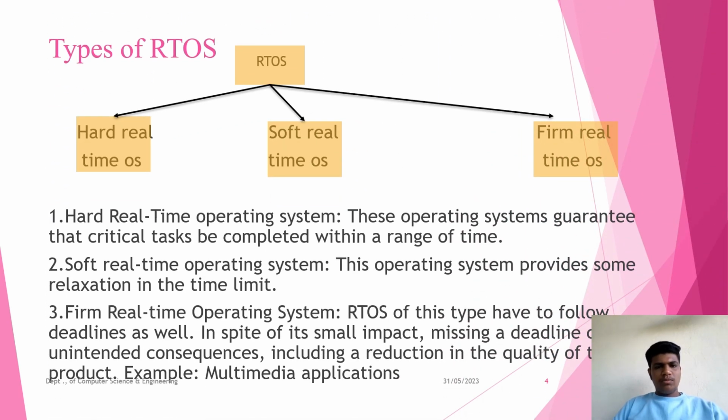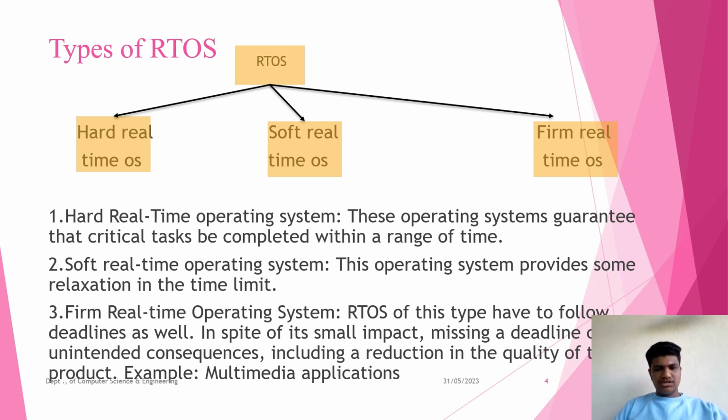Types of real-time operating system. Basically, there are three types of real-time operating system, namely hard real-time, soft real-time, and firm real-time operating system. Hard real-time operating systems do the critical tasks within a range of time. Soft real-time operating system provides some relaxation in the time limit.